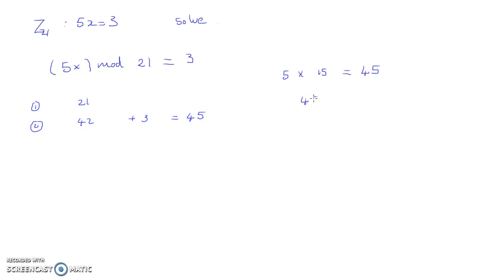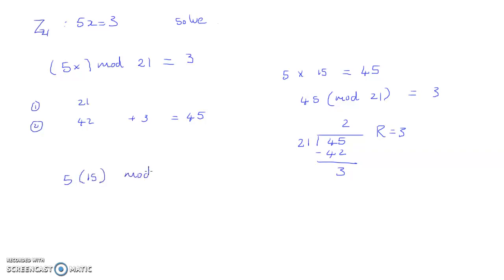And 45 mod 21 will be 3, because if you divide 21 into 45, it goes twice. 2 21s are 42 with a remainder of 3. So 5 times 15 mod 21 equals 3. So the solution is x equals 15.